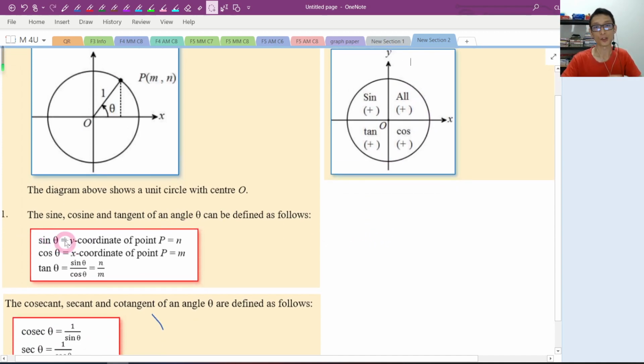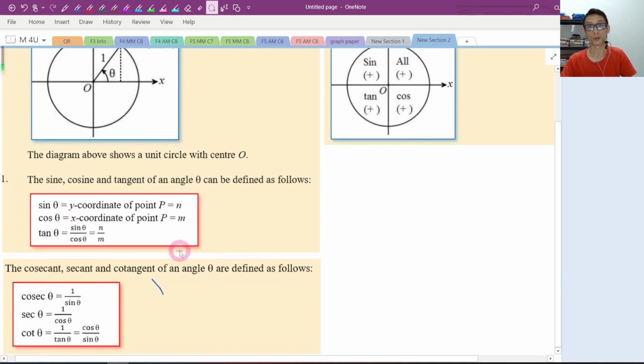Sine, cosine, and tangent you actually learn in modern math, right? But in ACT math, we are going to learn 3 more trigonometric ratios, which are cosecant, secant, and cotangent. Normally we do not write the full word. For cosecant, we just write COSEC, the short form of cosecant.